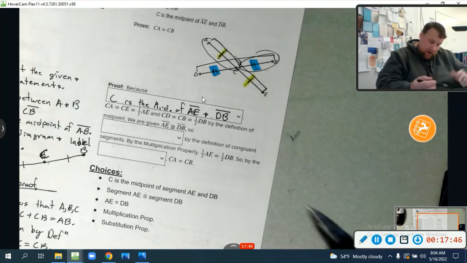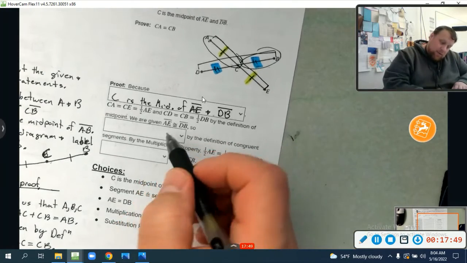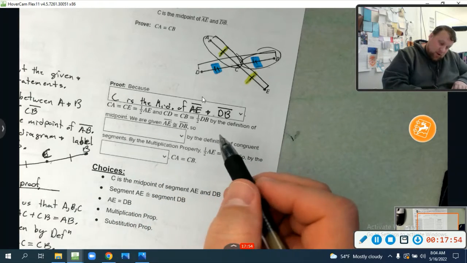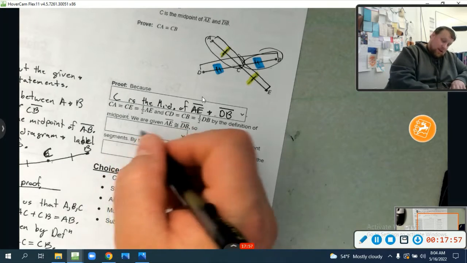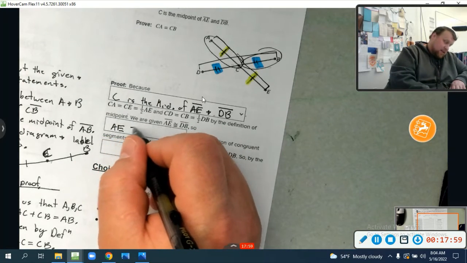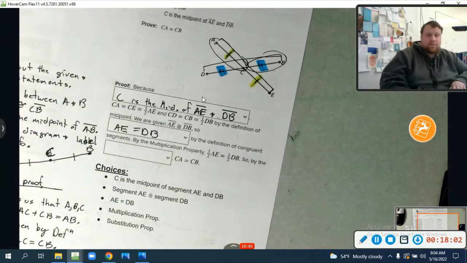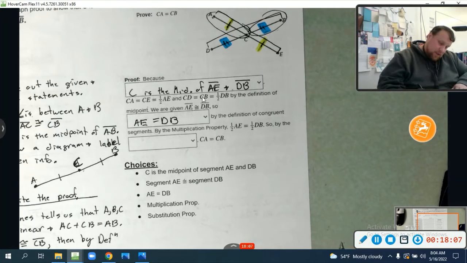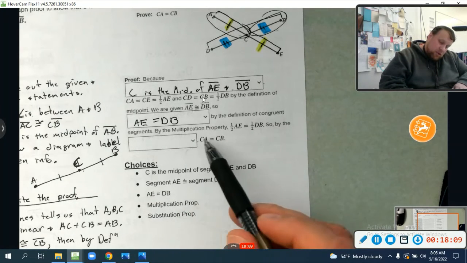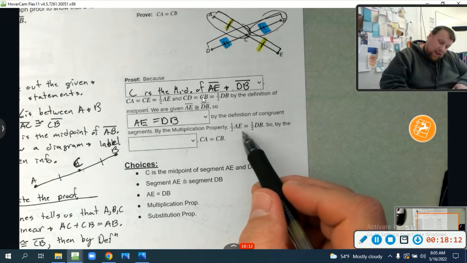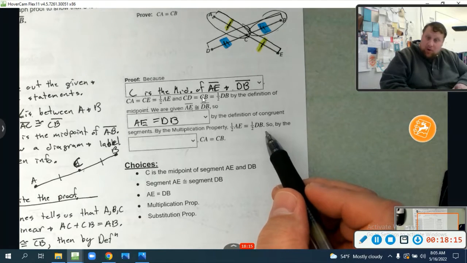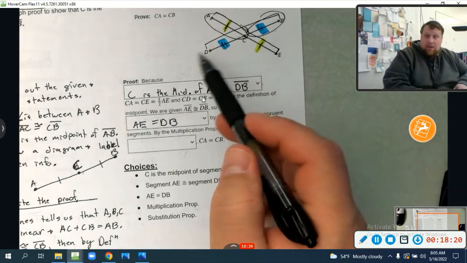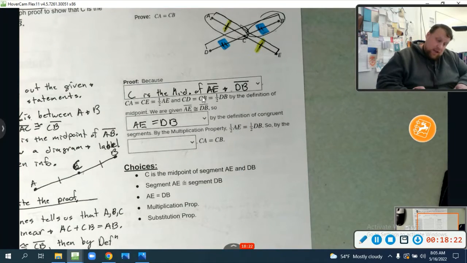It's being cut in half by the definition of a midpoint. We are given that AE is congruent to DB, so we know that the length AE is equal to the length DB by definition of congruent segments. By the multiplication property, 1/2 AE must equal 1/2 DB. If these two lines are the same length, then half of one is equal to half of the other.